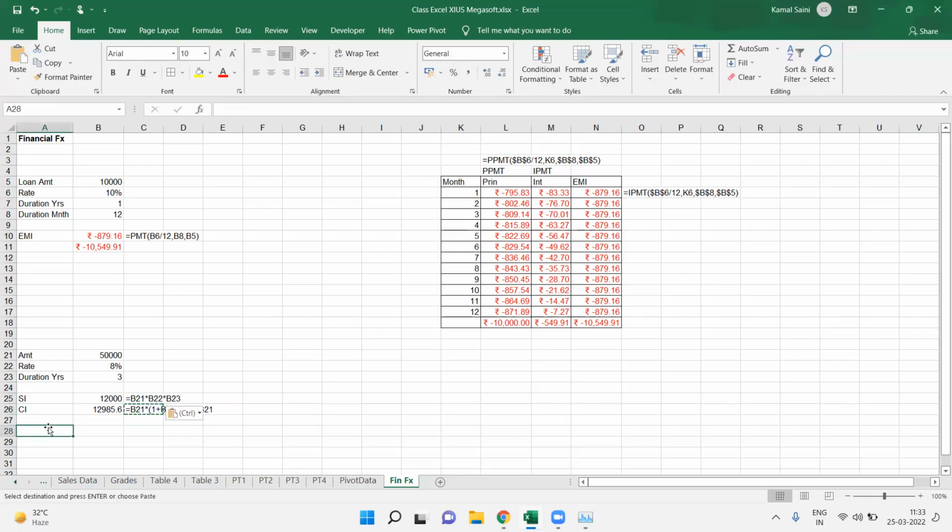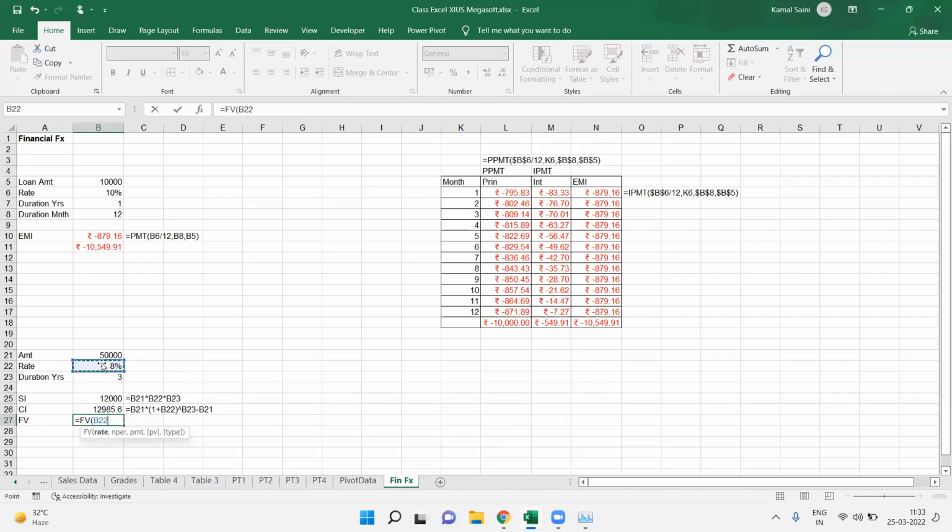Now compound interest can also be figured out using a function named FV, which is referred to as future value. So FV is first of all rate of interest, total duration 3 years. This is a one-time payment investment, and the principal value is 50,000. But you are paying 50,000 to the bank, so this money is going out of your pocket.